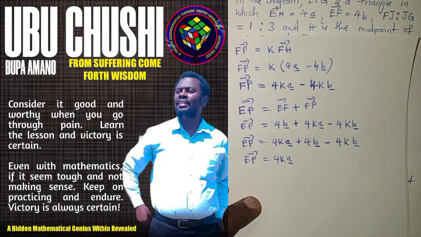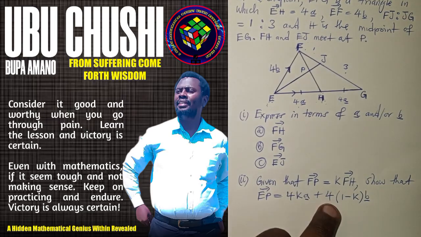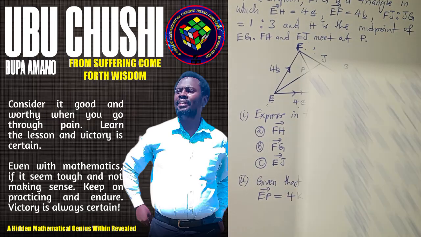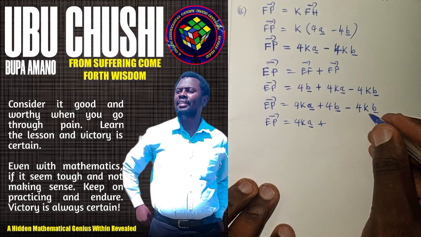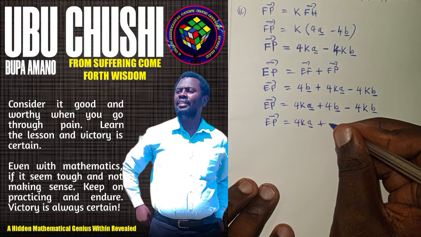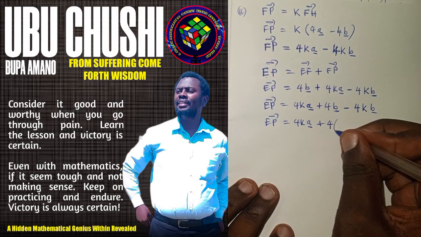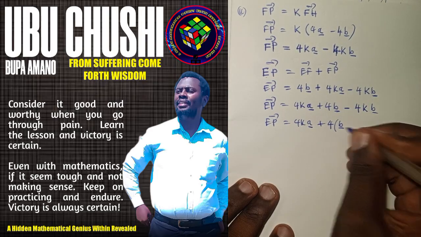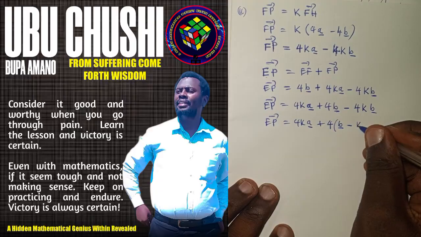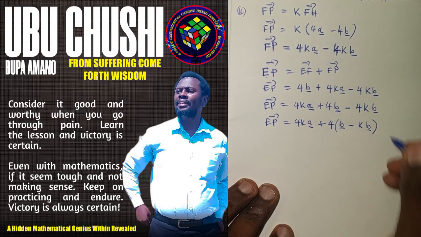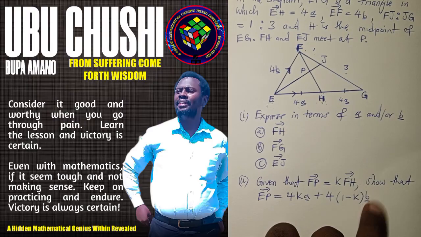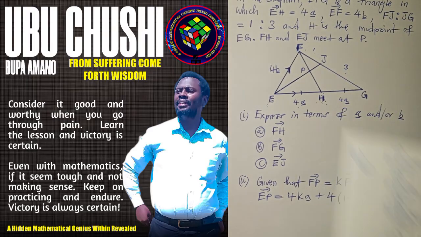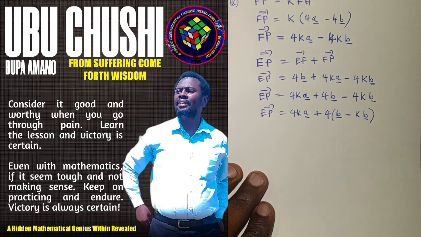Okay, so EP is equal to 4k vector A plus, so here we can see that there is 4 outside there, so it means we need to divide out 4. So when we divide out 4, you remain with vector B minus k vector B. Okay, again we can see that vector B is outside there, so we need to divide out vector B again.